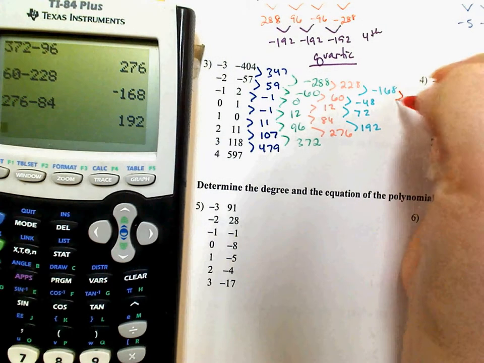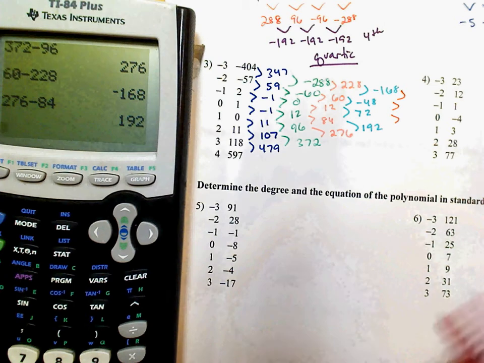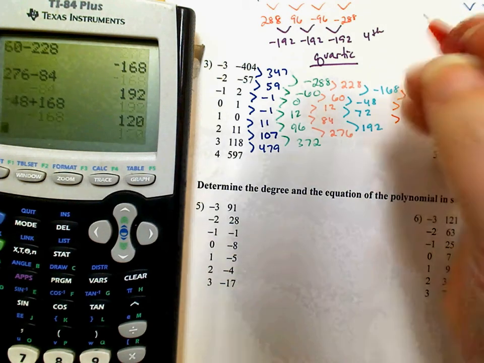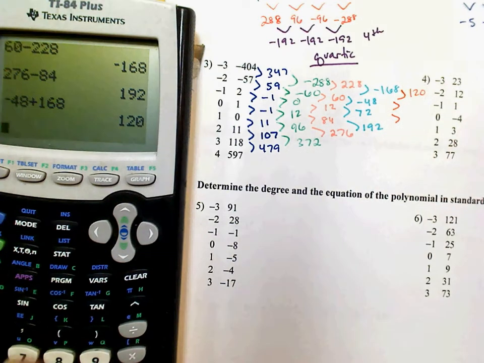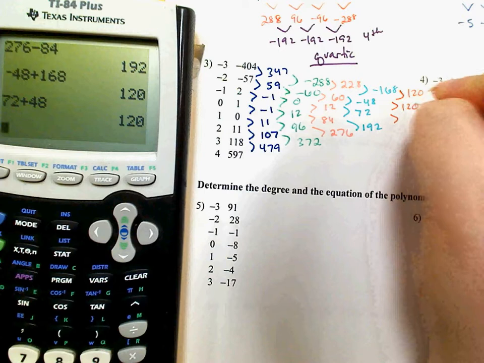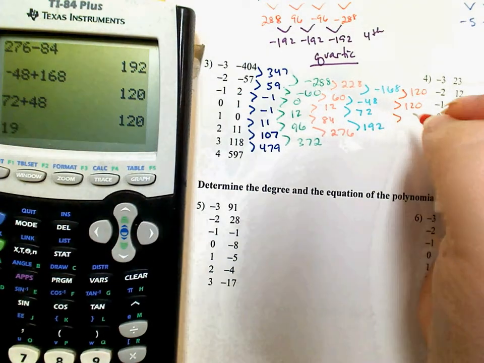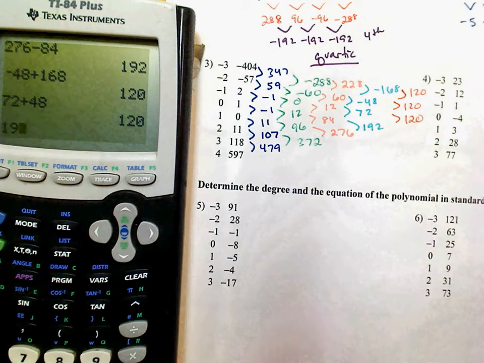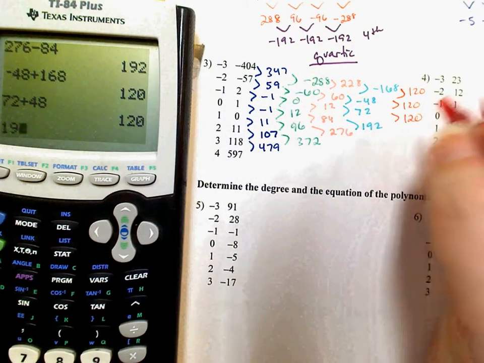So then, okay, I've got negative 48 minus a negative 168 is 120. 72 plus 48 is 120. And 192 minus 72 is 120. Okay, good. So 1, 2, 3, 4, 5. It took 5 differences, which means this is quintic.